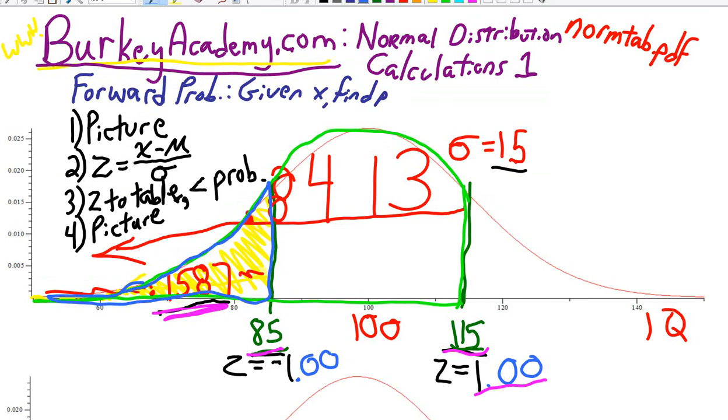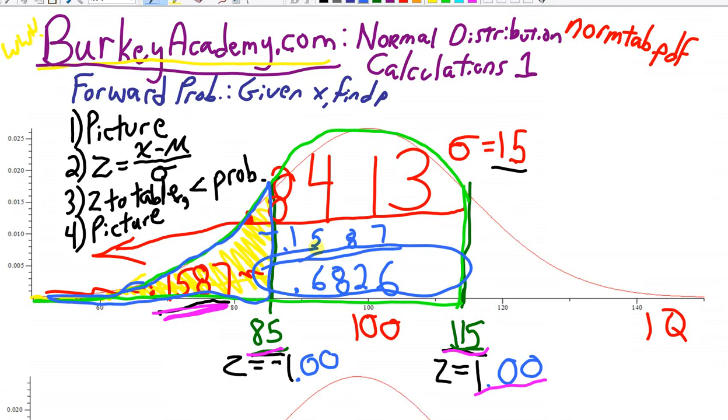So when you have an in-between problem, the way we normally think about doing it is take the 0.8413, subtract off that 0.1587, and what that's going to give you is the area that's just left here in the middle, which is the 0.6826. And that's where that 68.26% probability of being within or between plus and minus 1 standard deviation comes from.